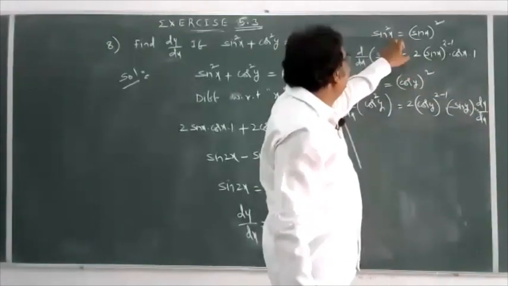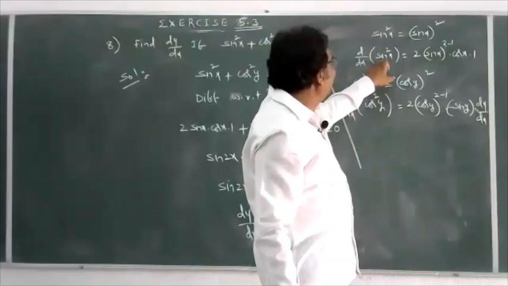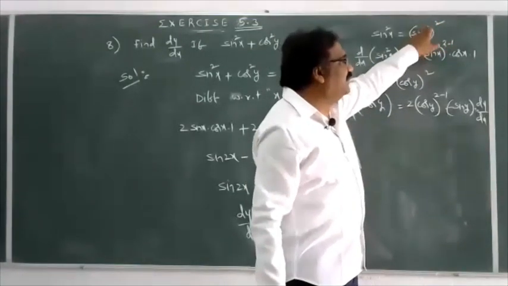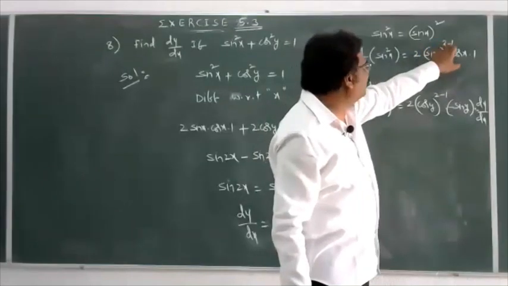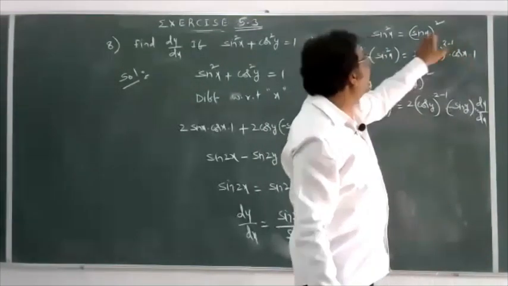So here sin square x, that is sin x whole square, d by dx of sin square x, 2 into sin x, is n into x power n minus 1 into the derivative of sin x, which is cos x, into x derivative 1.